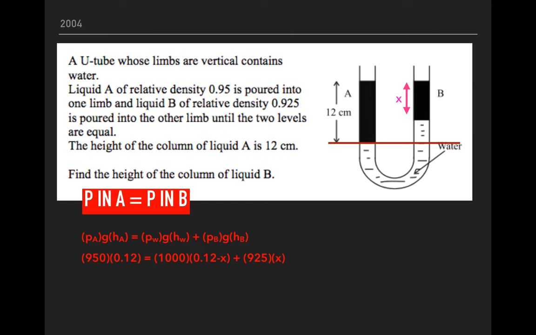So 950 by 0.12. Again, SI units there. And the g's cancel across all the terms. And that's going to equal 925 by the height X for liquid B. And then if the whole thing is 12 centimeters and B is height X, the height of the water is 12 centimeters minus X, which is 0.12 minus X. You could just solve for X then in that case.